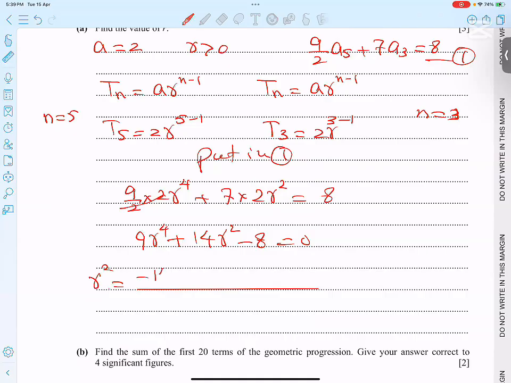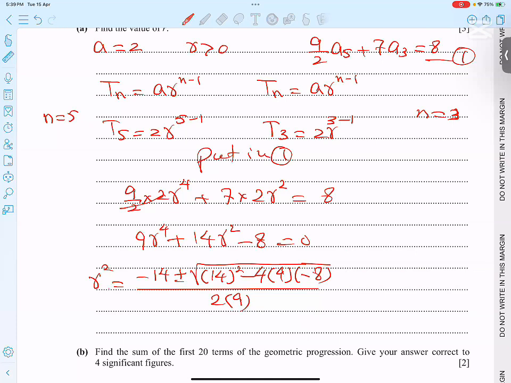So negative b plus and minus square root of b squared minus 4ac. As a teacher, I suggest you must show this one step to the examiner. And afterwards, you can write the answers directly, no problem at all, by using your calculator.